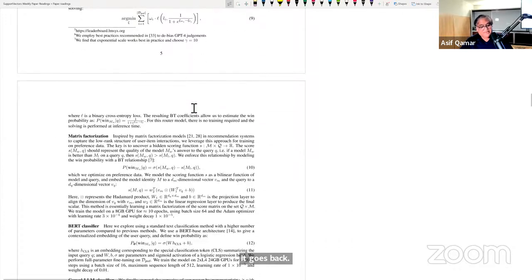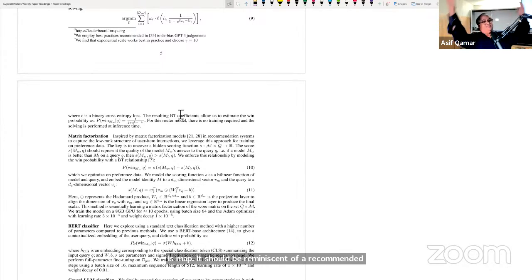Then the next, a more sophisticated method, is matrix factorization. Now, matrix factorization, if you remember, should be reminiscent of a recommender system. Let's say in an e-commerce situation or Netflix, it got popularized because of the Netflix prize way back 20 years ago.